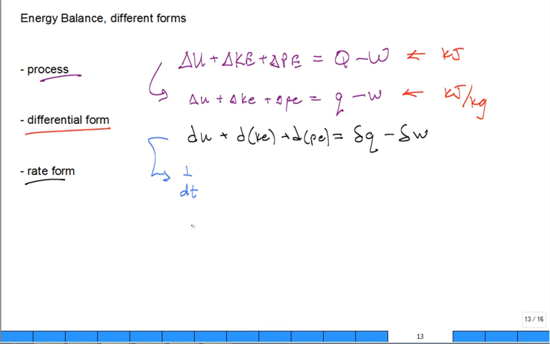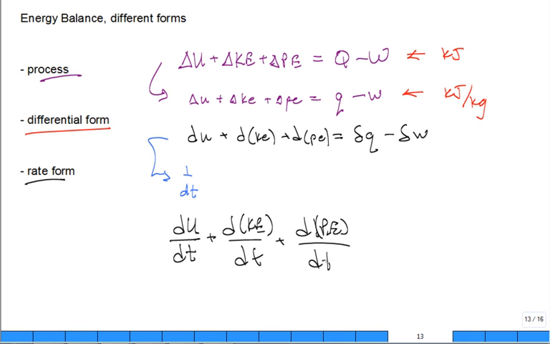So what we get is the rate of change of internal energy, you could put it on a mass basis or whatever, plus the rate of change of kinetic energy, plus the rate of change of potential energy is equal to the rate at which heat is being transferred in minus the rate at which work is being transferred out.